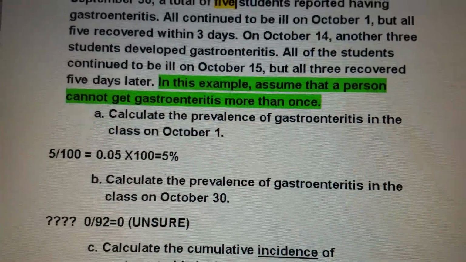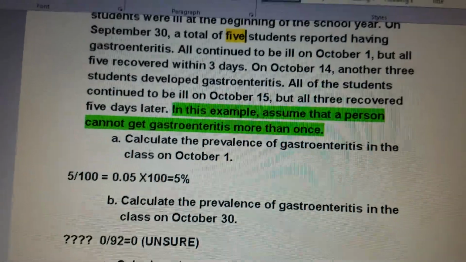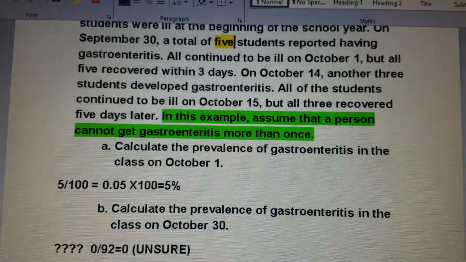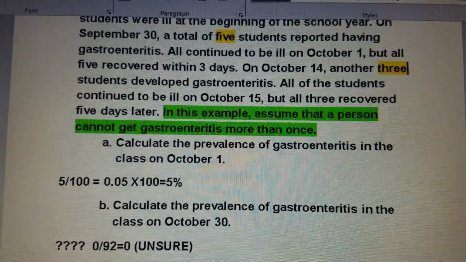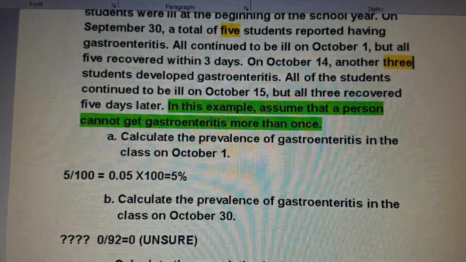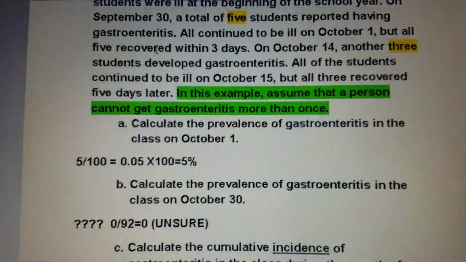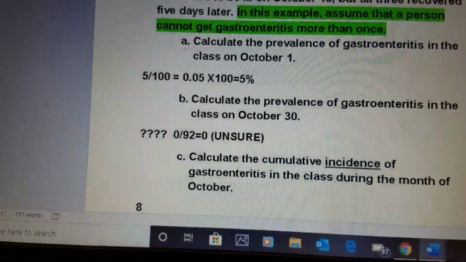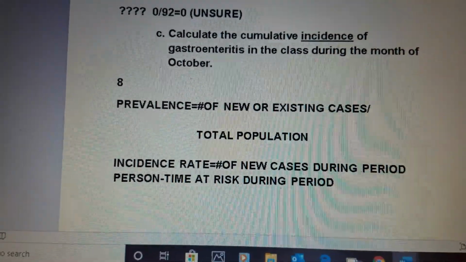Because remember, with prevalence, we couldn't reuse them, so we subtracted the students from the denominator. But in incidence, we have to total 5 and 3, all the students that were sick within that time period. So we had 8 that were totally sick.